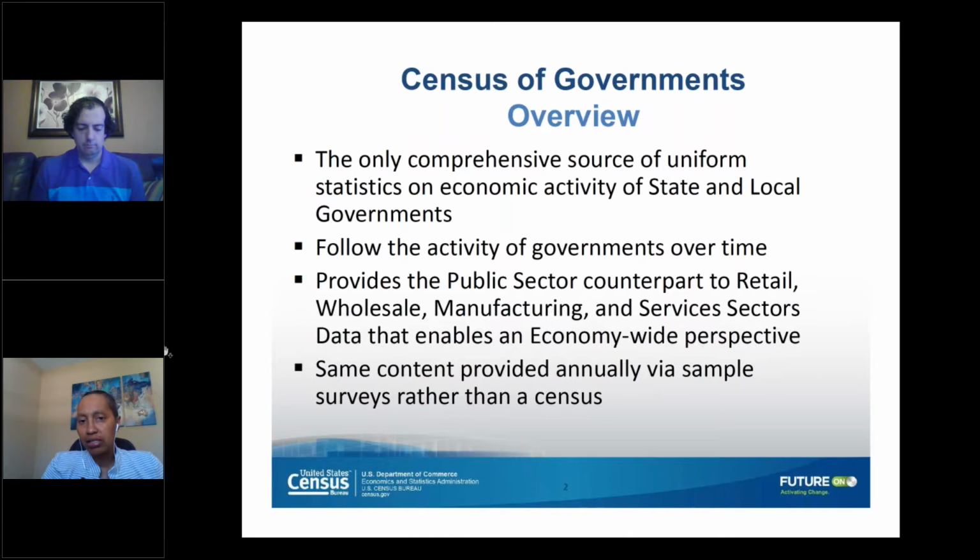The unique thing about the Census of Governments is that the same content that's provided for the census years is actually available annually, but for a sample of the governments versus the larger Census of Governments. So this allows you to view and have access to the same data that the Census of Governments presents on an annual basis as well.